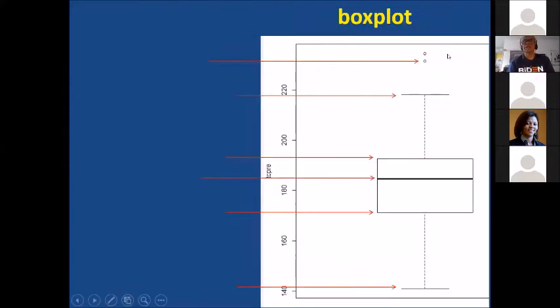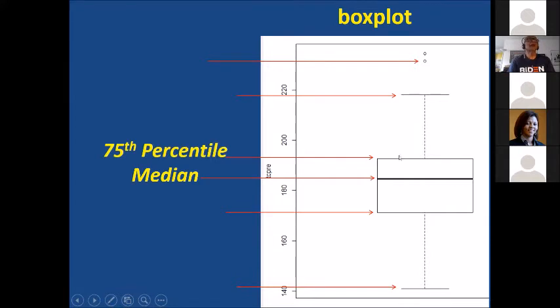Actually, here finally, an explanation of the box plot. So as I mentioned, it's called the box plot because it has a box and it has whiskers. The solid line in the middle is the median, not the mean. It's the median. Okay. And then the upper end of the box is the 75th percentile. The lower end of the box is the 25th percentile.